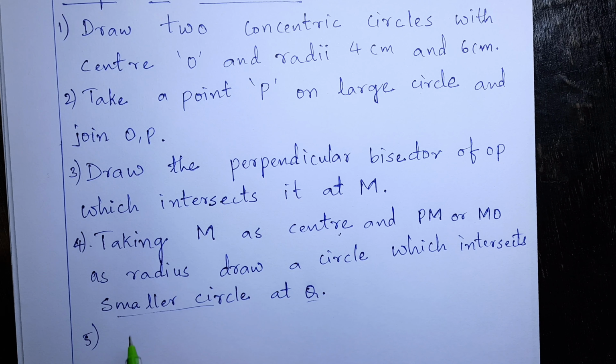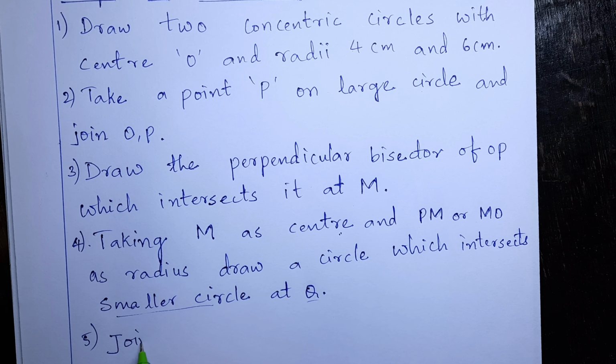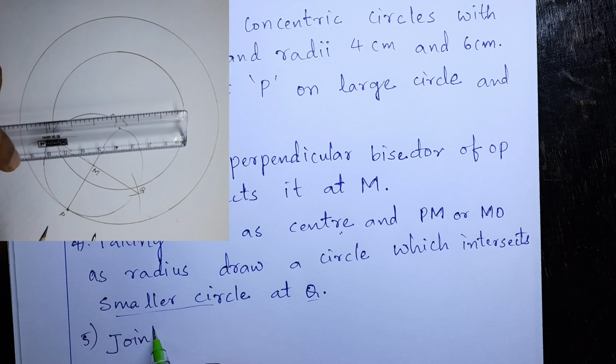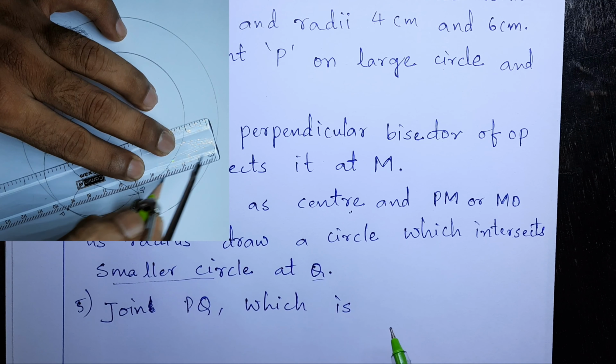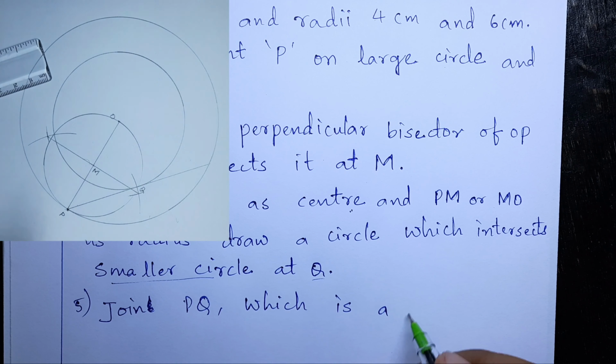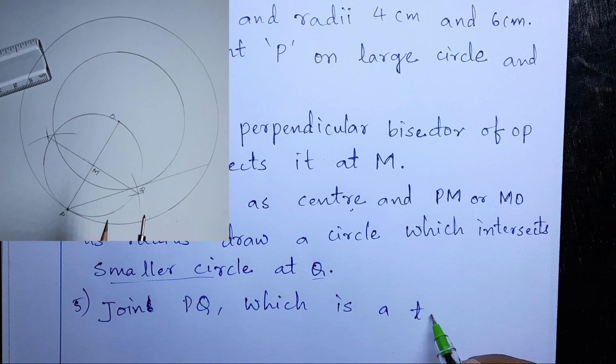Fifth point: join PQ, which is a tangent to the smaller circle.